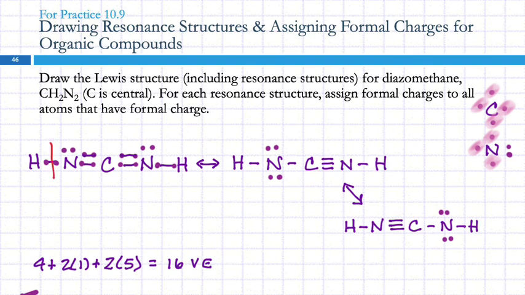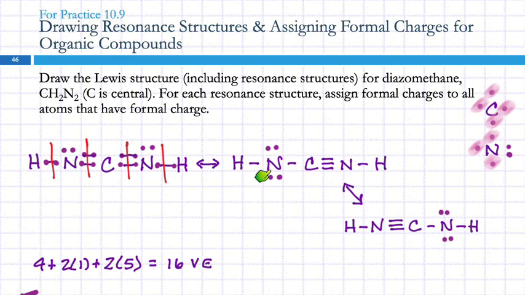Now cut the bonds up. Nitrogen brought 5, it leaves with 1, 2, 3, 4, 5. Carbon brought 4, leaves with 4. Nitrogen brought 5, leaves with 5. All 0 formal charges. That's good. Let's look over here.